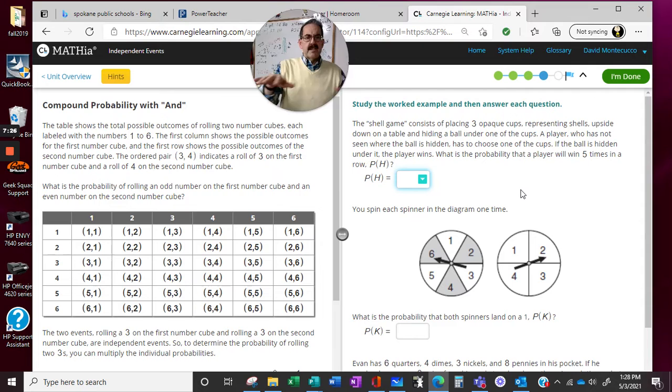The shell game consists of 3 opaque cups representing shells upside down on the table, and hiding the ball under the cups. A player who has not seen where the ball is hidden has to choose from one of the cups. If the ball is hidden under it, the player wins. What's the probability that the player will win 5 times in a row? Well, the probability of hitting it is 1 of the 3, right?